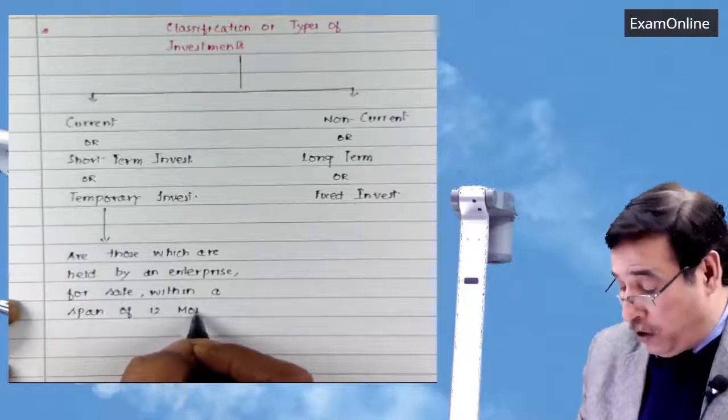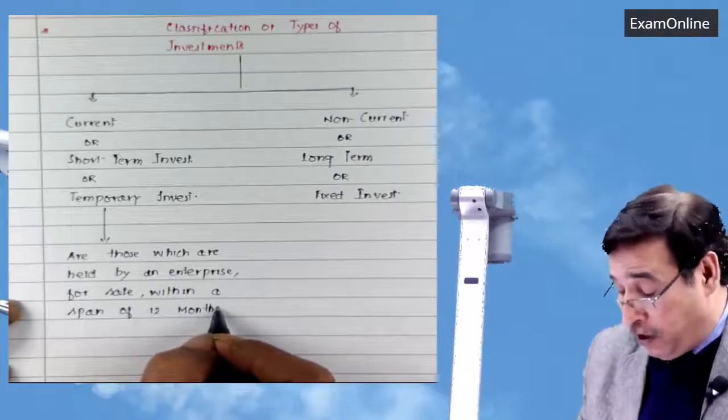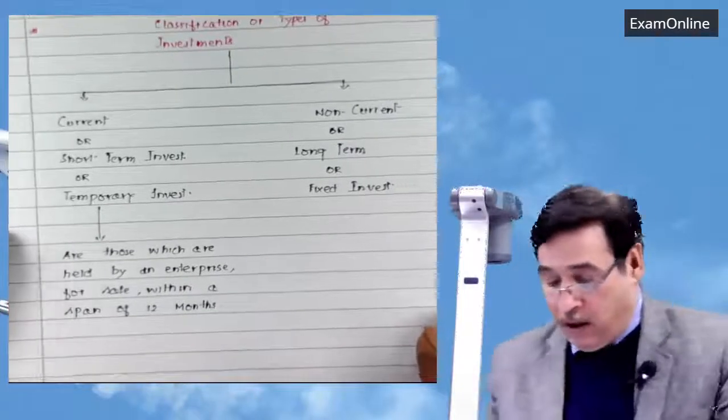So the intention here is to dispose of the investment within the next 12 months. It is important to note. Correct?